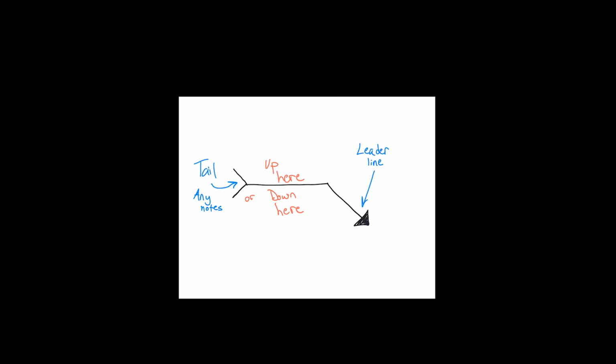Now, you will encounter cases where the reference line doesn't have a tail section. The tail section is actually optional. So if there are no additional notes that need to be added to the reference line, a lot of times the blueprints will just print the reference line without the tail section.